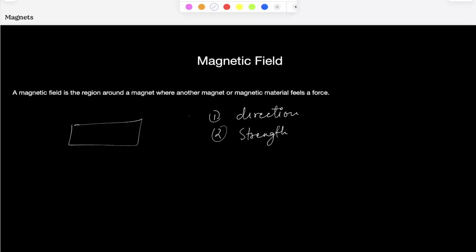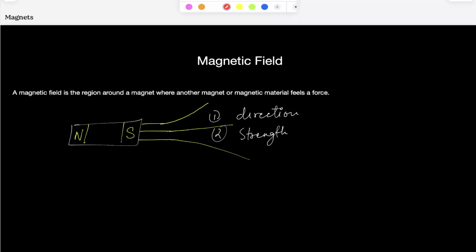This is the bar magnet, and the bar magnet has poles, north and south. Closer to the poles, the field is strongest, so the lines would be closer together. As they move away, they start deflecting and moving apart.